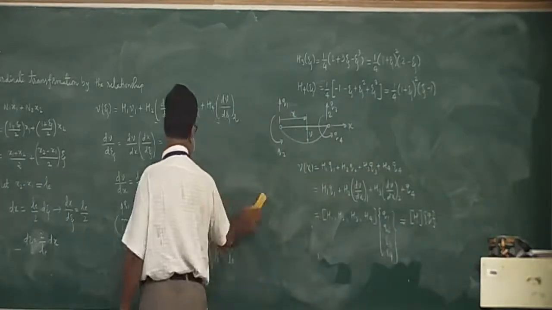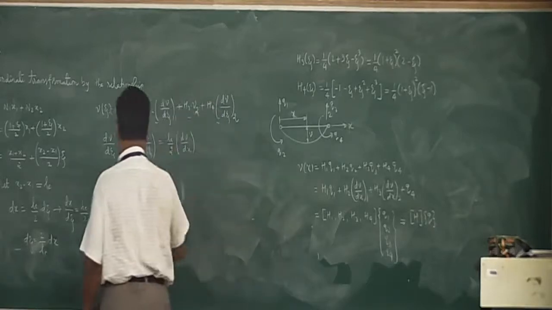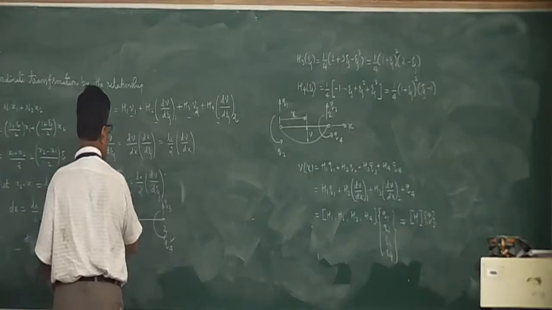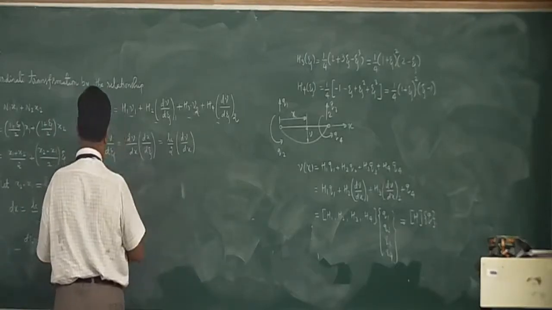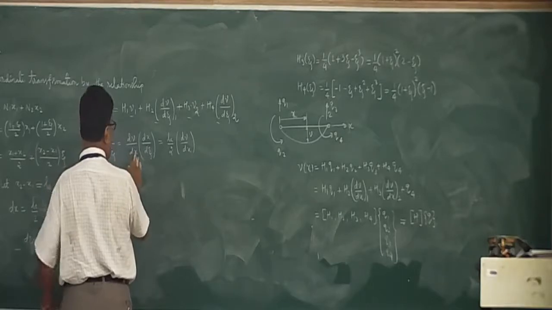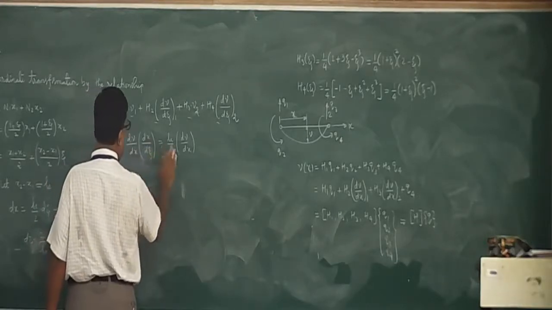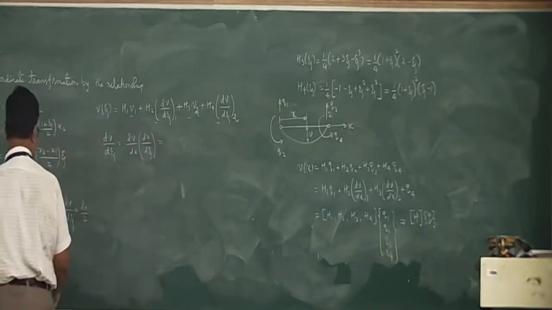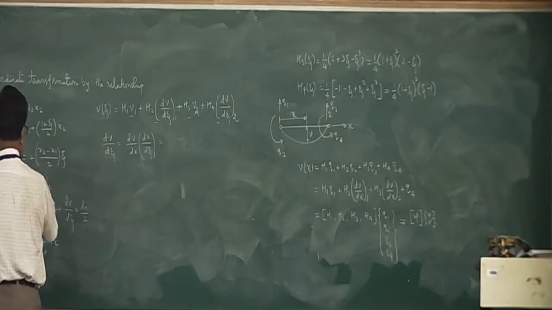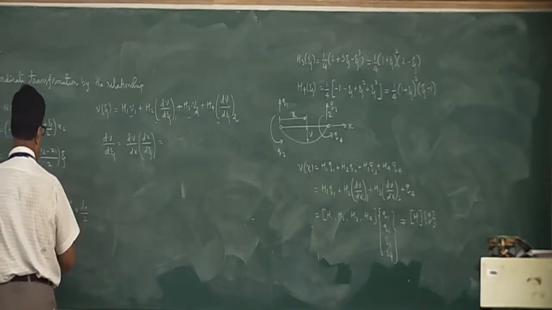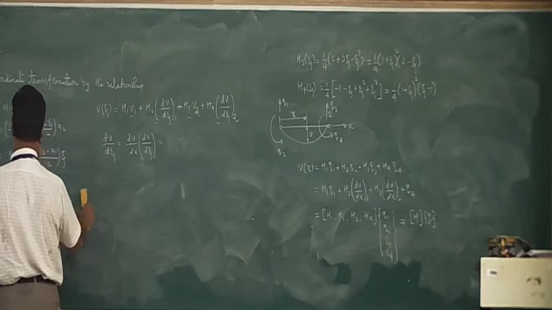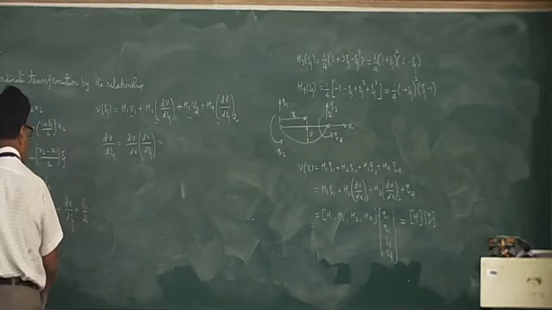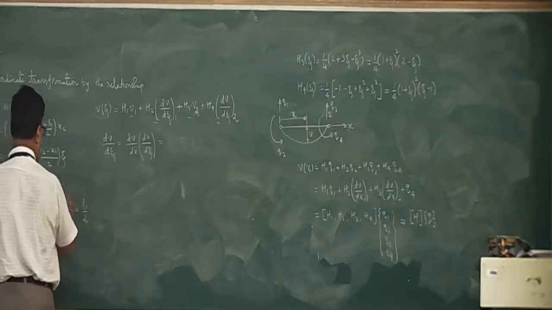Let's go to the chain rule. Where is the chain rule? Yes, this is our chain rule. According to the chain rule, dV/dζ is equal to dV/dx into dx/dζ. What is dx/dζ? It is LE by 2.